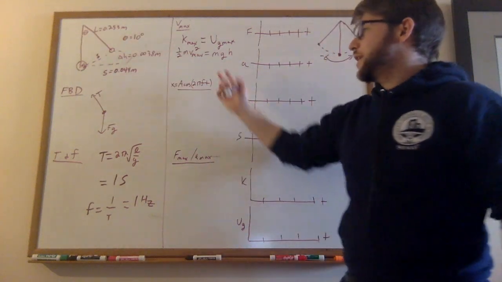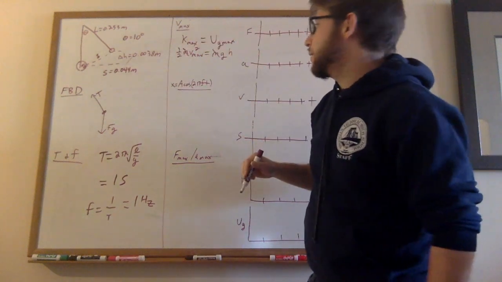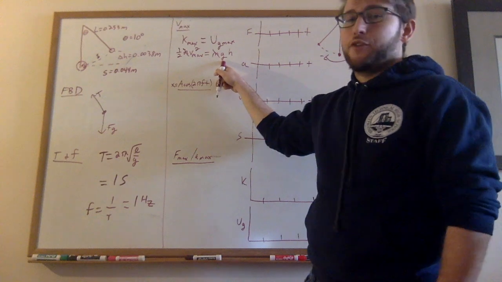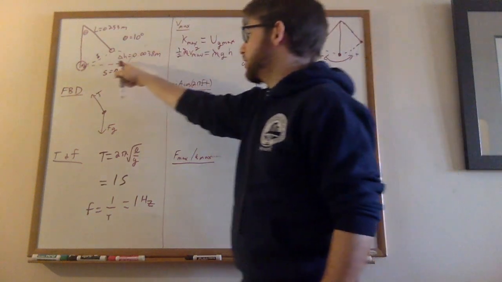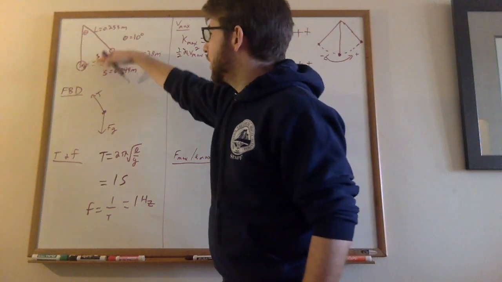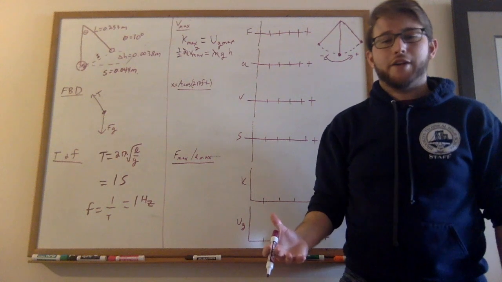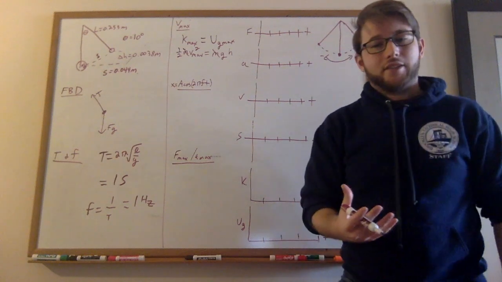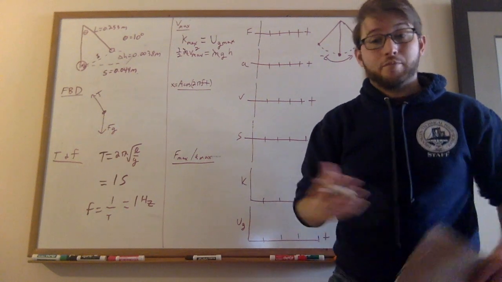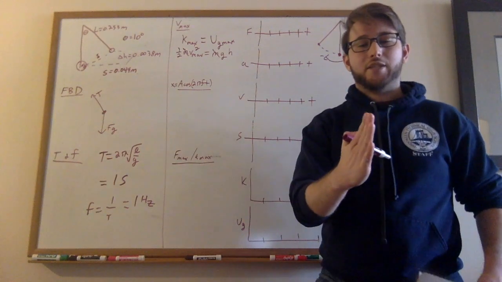At this point we can cancel out our m, make things a little bit easier. We'll use 10 newtons per kilogram for G, and our H is 0.0038 meters. That's that height above where it is. And this is where it's a little bit different than the spring mass oscillator. In a spring mass oscillator, that maximum position is that X value, which is however far compressed the spring is.